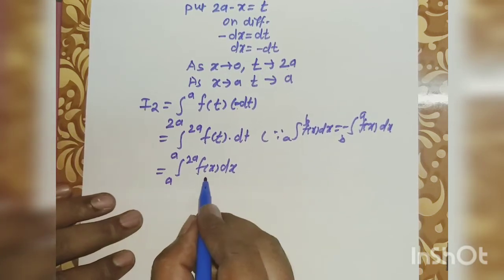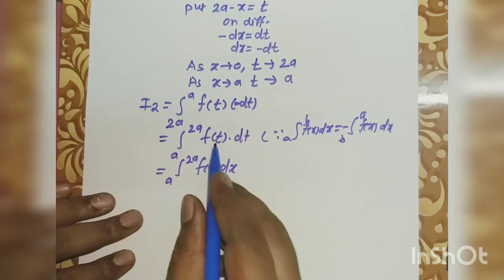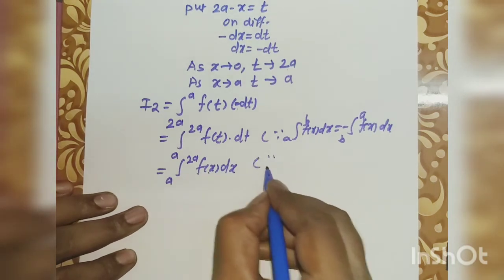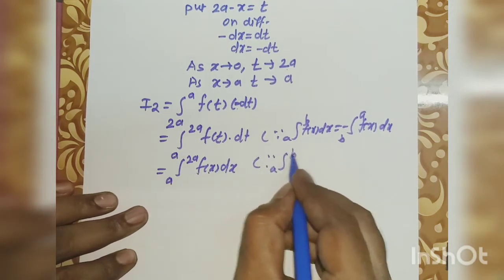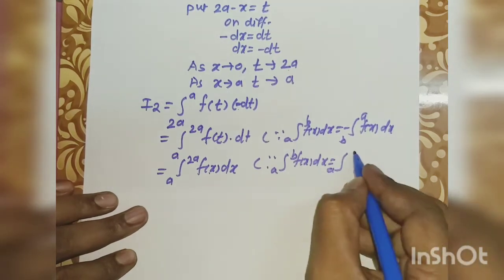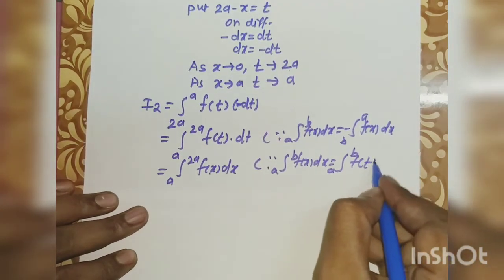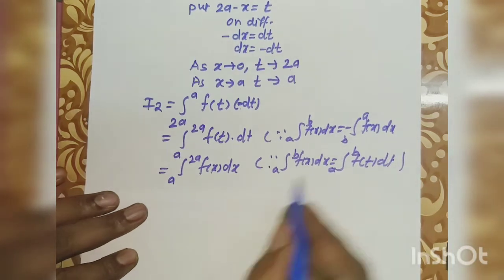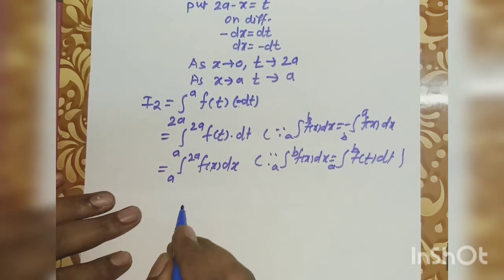In a definite integral, if we change the variable, the value does not change. That means integral a to b of f(x) dx is equal to integral a to b of f(t) dt. By using these two properties, we write this.